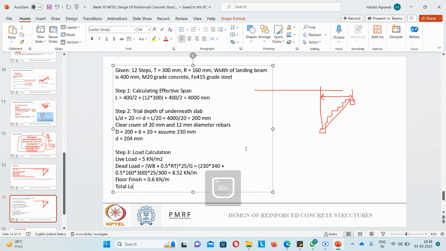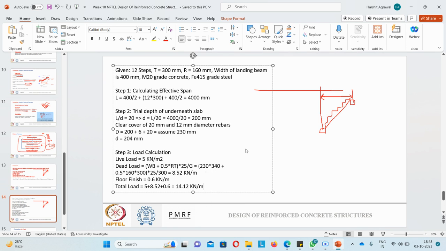So total load is 5 plus 8.52 plus 0.6, so it will come out to be 14.12 kilonewton per meter.